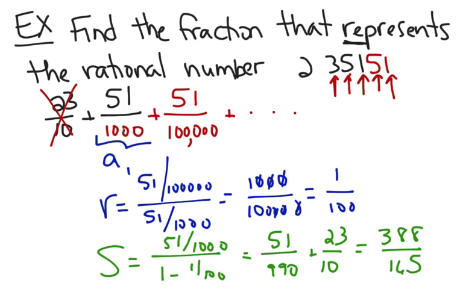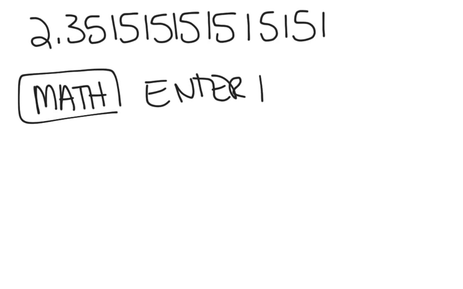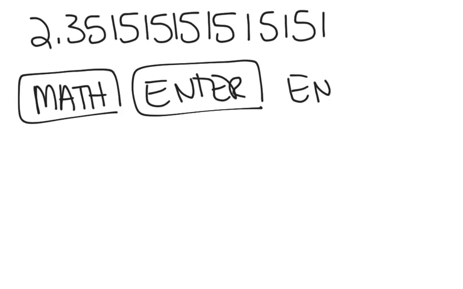However, there's a much simpler way of doing this using the graphing calculator. If in the graphing calculator you type in 2.3 and then you type 51, 51, 51, 51 until you fill up at least one whole line in the calculator, then you use math enter, it will turn it back into the exact fraction for you.